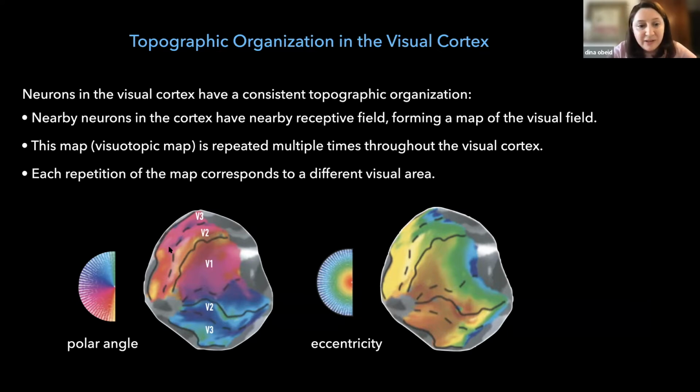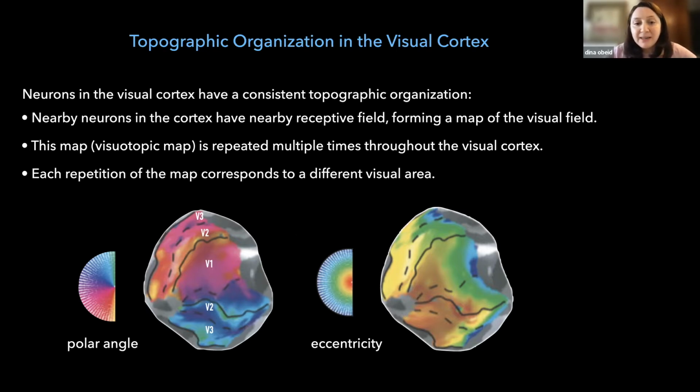And then you have a different area, which is V3, which again wraps around V2. And what you're seeing here is, if I have a horizontal meridian and a vertical meridian, this is the horizontal meridian that divides the visual field into an upper visual field and a lower visual field. So this is a nice topographic organization of the visual cortex.